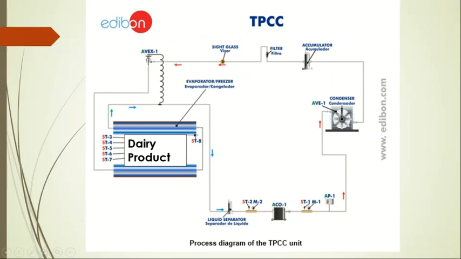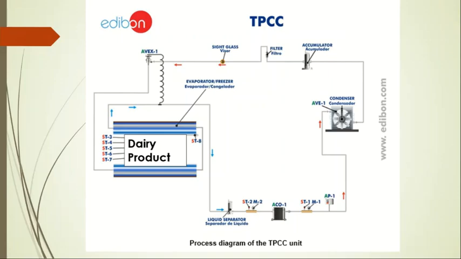And definitely once the compressor is turned off, all the gas will come to a stationary position, because this compressor is the only equipment which is responsible for rotating the refrigerant around this complete cycle.